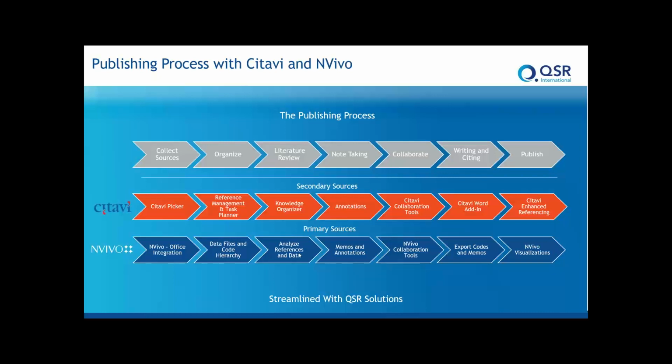You can analyze your literature review sources in NVivo, and we have memos and annotations to help you with note taking. There are NVivo collaboration tools to help you with collaborating, and then writing and citing would be exporting your codes and memos into Word, and we'll be showing how Citavi integrates with that, which I find very exciting.